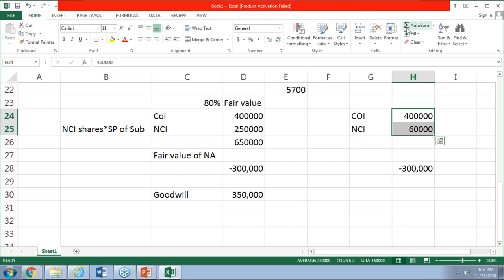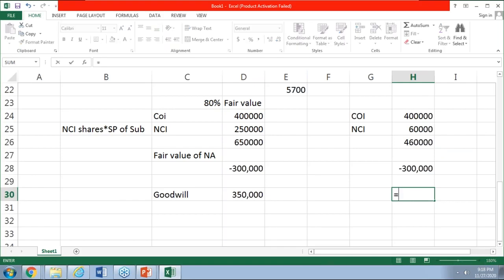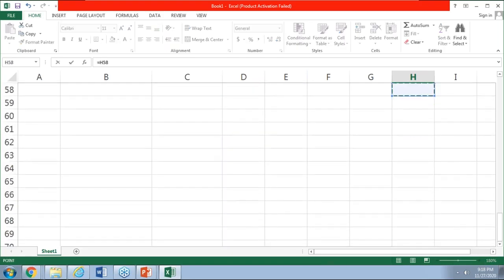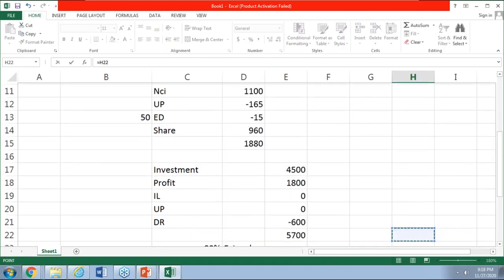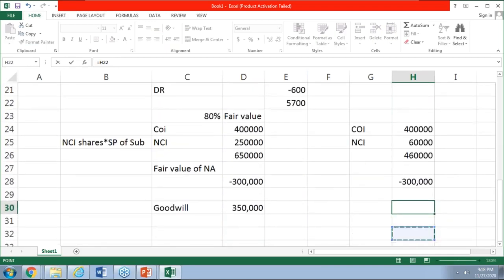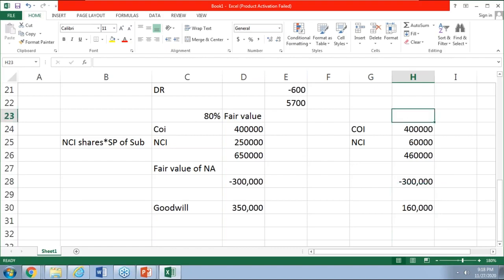So these are the two formats through which we calculate the goodwill. So now the goodwill in this situation will be 4 lakh 60,000 plus 3 lakh, 1 lakh 60,000. So that's the idea between the fair value approach and the proportionate approach.